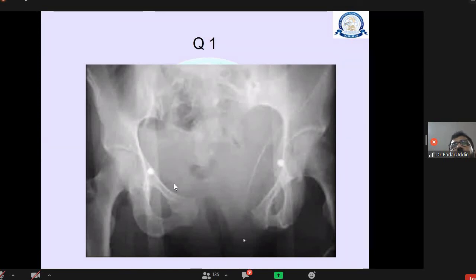This might be some blood or fluid collection in the pelvis. But see, the distance between the superior and inferior pubic rami is wider, and this side of the pelvis is open, externally rotated. So this is a simple open book injury. That's good. So this is basically the message. If you take these points, you will learn the simpler thing.